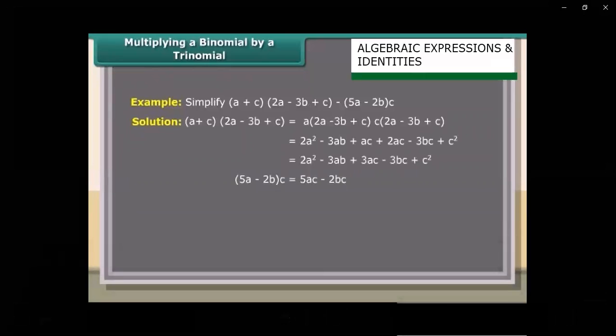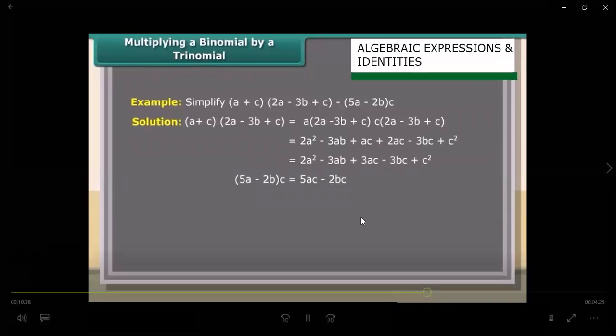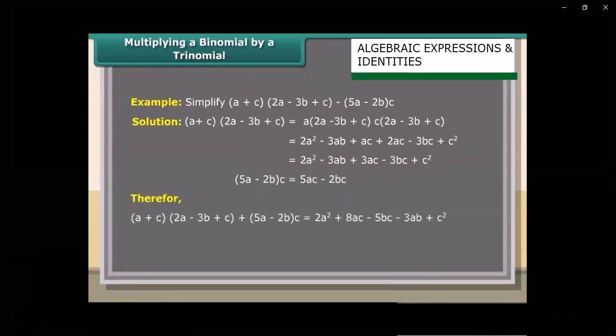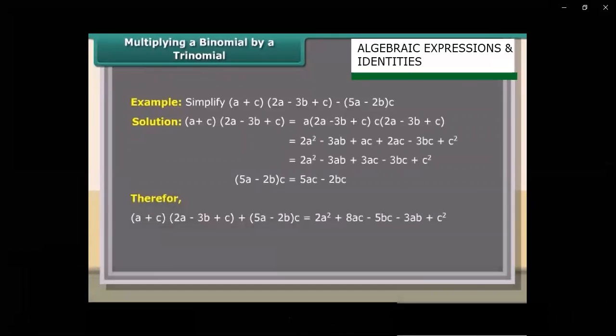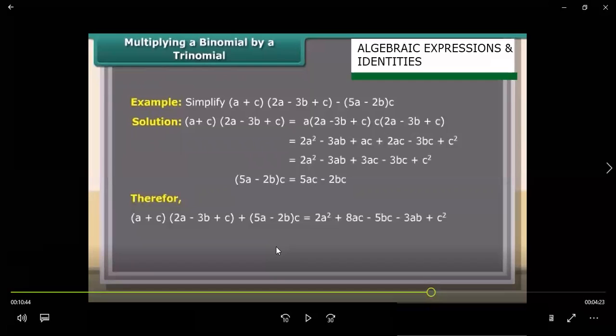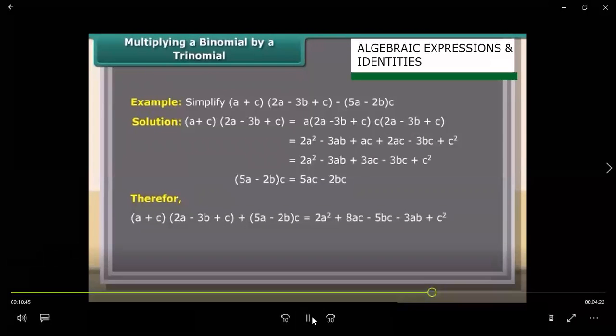In this way, you have to multiply one by one, and after multiplication, you simplify. These types of problems we'll also do in our upcoming Zoom sessions. The final answer will be 2a square plus 8ac minus 5bc minus 3ab plus c square. So this was all about the multiplication of a binomial by a trinomial.